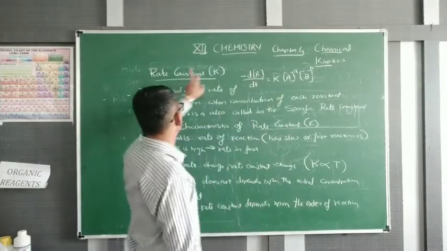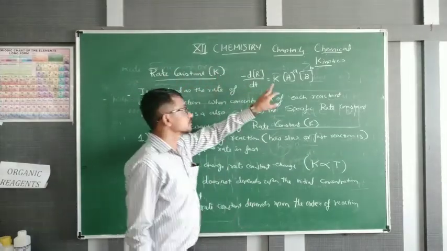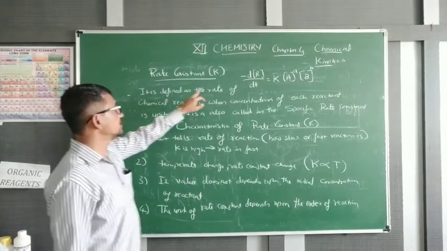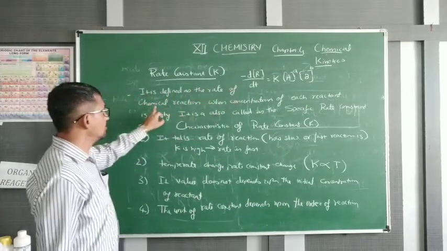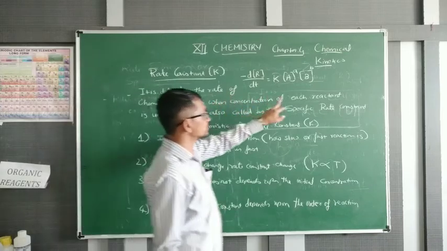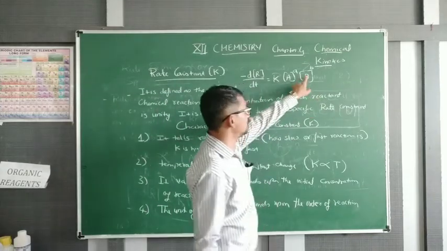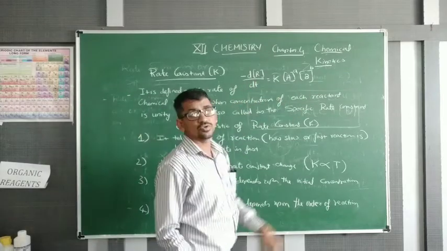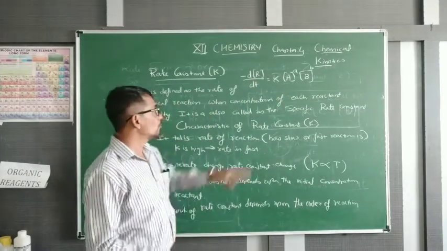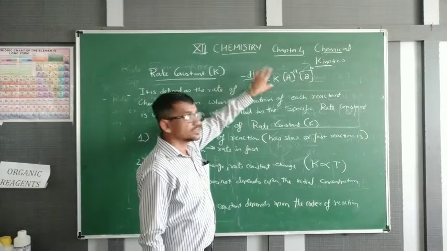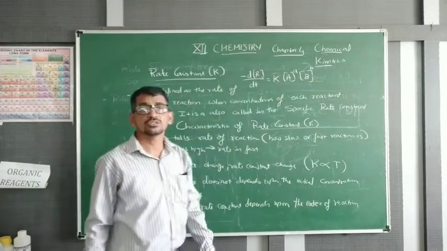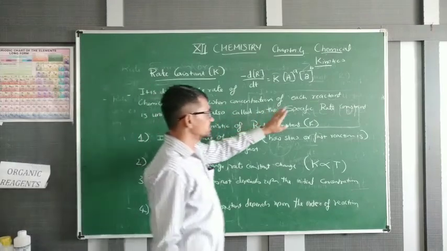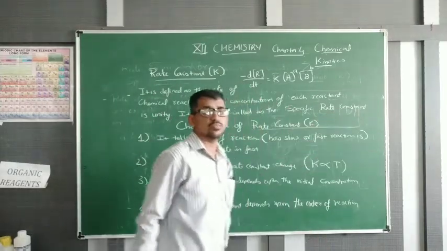This K is nothing but the rate constant. Again, I revise the definition. It is defined as the rate of a chemical reaction when the concentration of each reactant, meaning A and B, is unity. If you take 1 molar, then whatever rate will come is nothing but the rate constant K. So it is also known as the specific rate constant and the symbol is K.